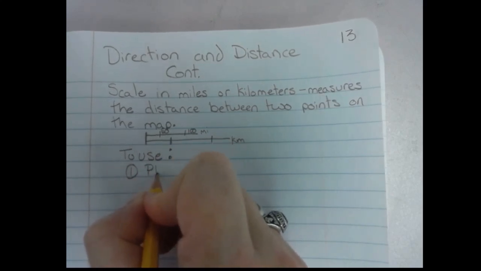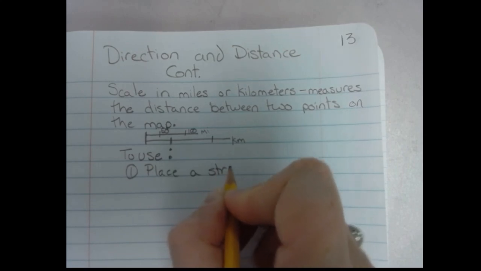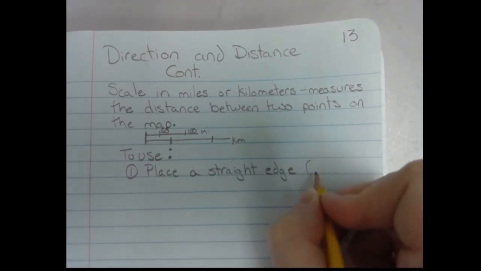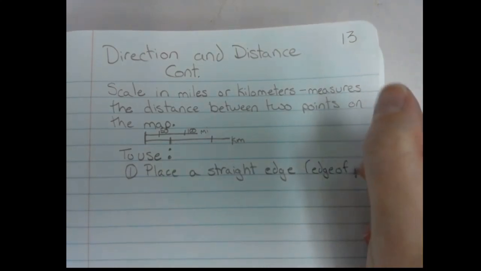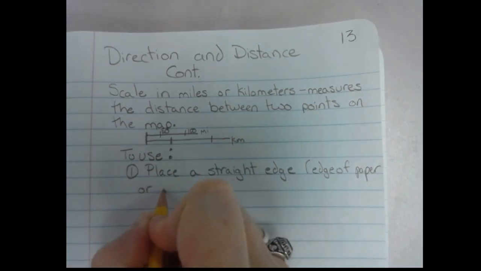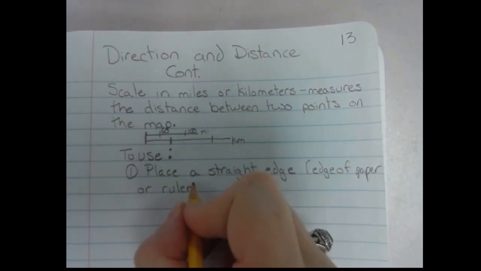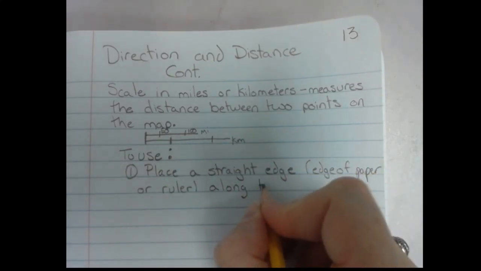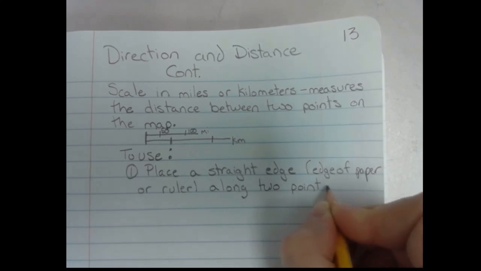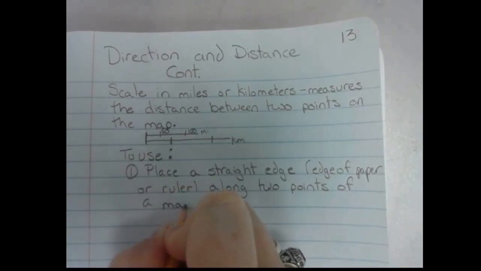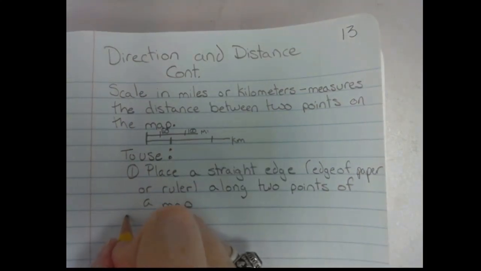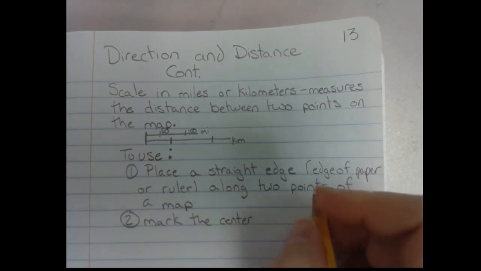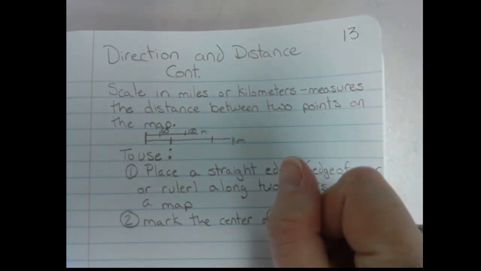Okay, so number one, place a straight edge, edge of paper or ruler, along 2 points of a map. 2, mark the center of each point.